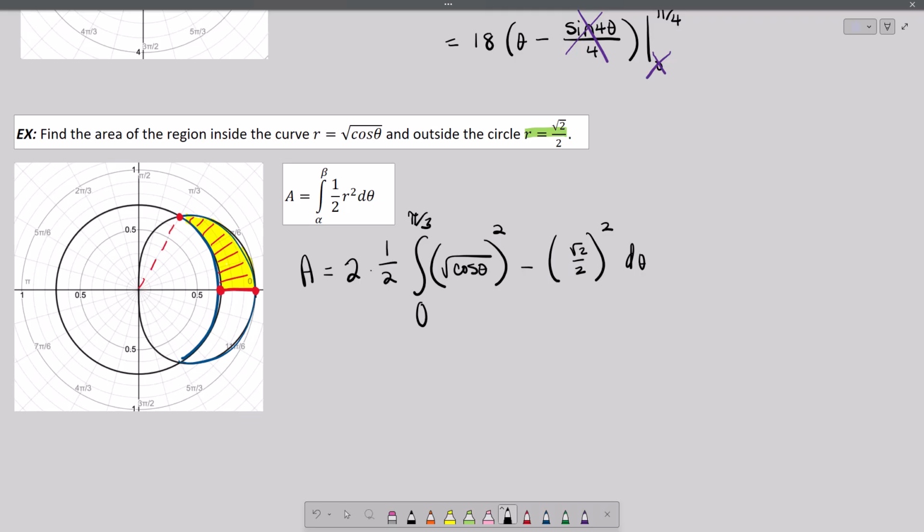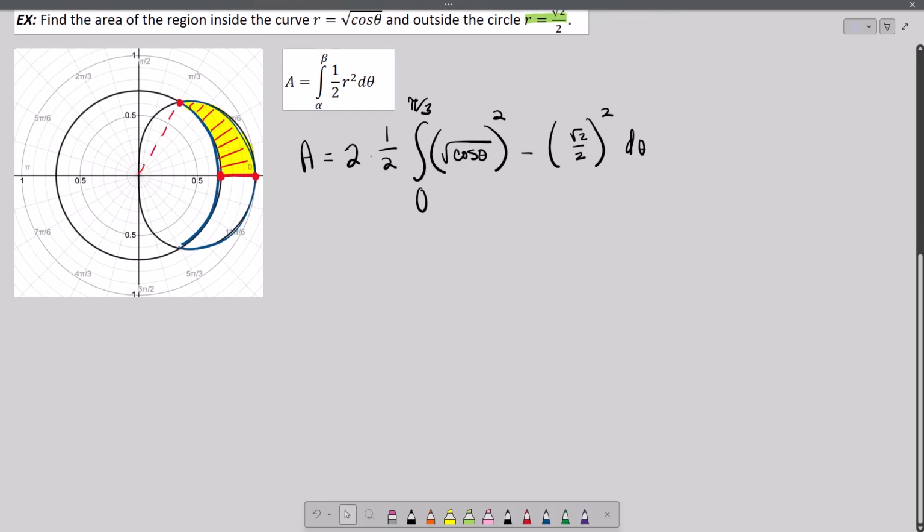It's kind of like when we did the washers, if we're finding the area of a washer, we did the outer disk area minus the inner disk area. It's that same idea. And this will give us 1 out in the front, and then 0 to pi thirds, squaring that square root. And then when we square this, we get 1/2.